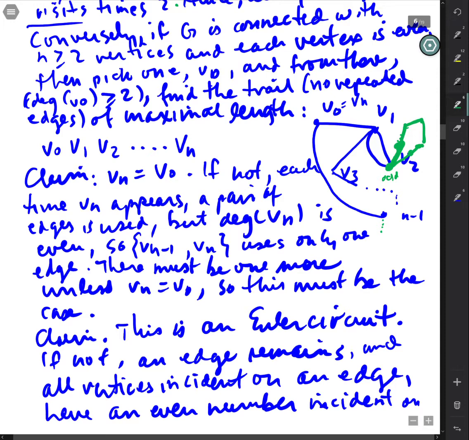So our original circuit could be extended by, rather than going back to V1 here, as we did, going along this side circuit and then going back to V1 and continuing on. And that way we get a larger circuit.